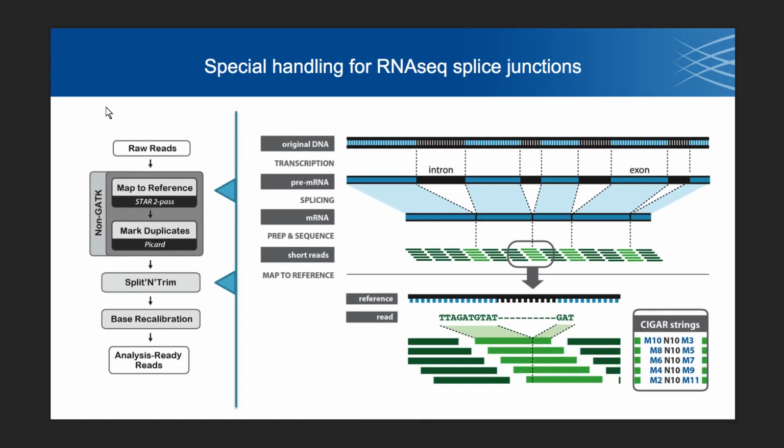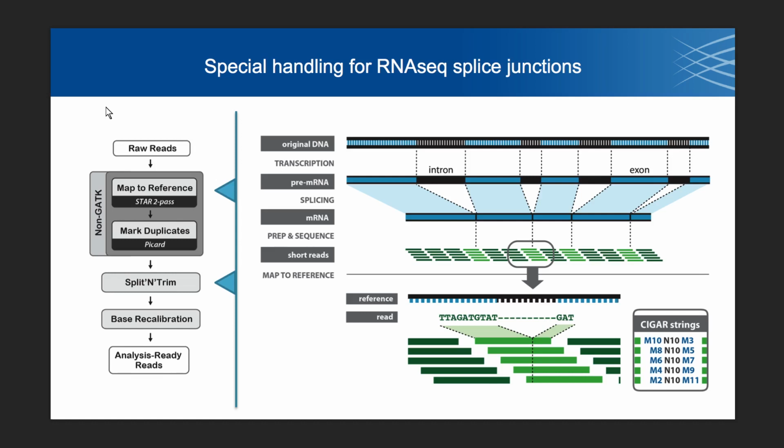Finally, for RNA-seq, we need a special aligner and a special step that will prepare the reads for GATK, because STAR emits these strange, for GATK strange, N bases in the cigar string that GATK doesn't know what to do with.